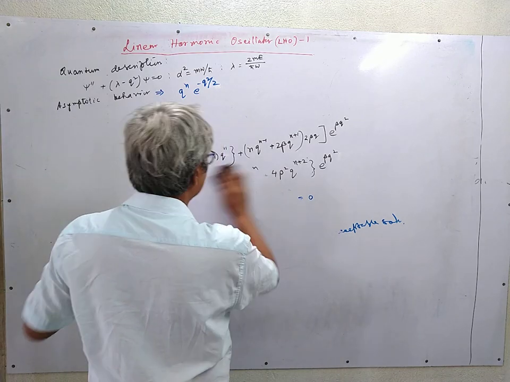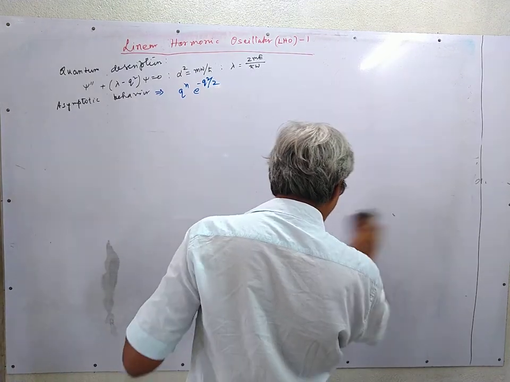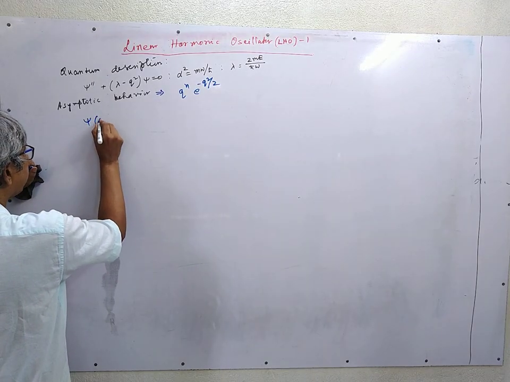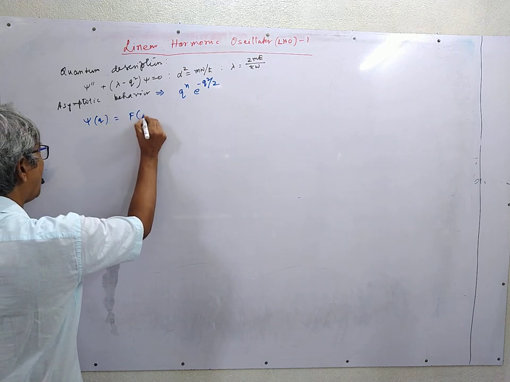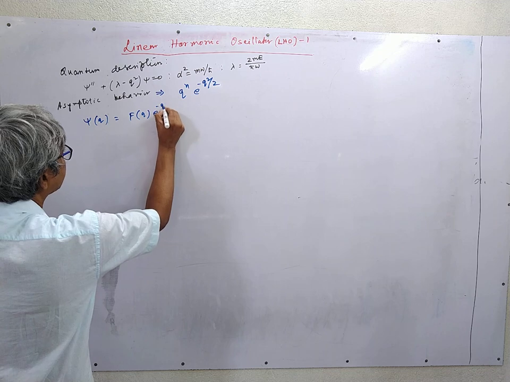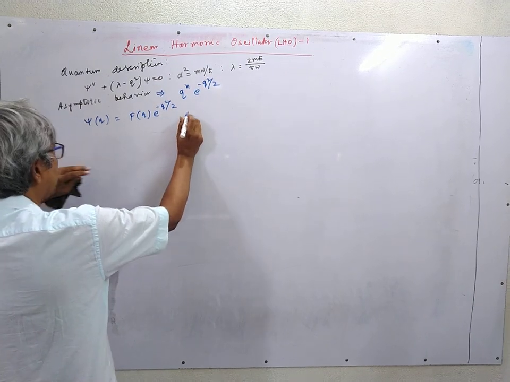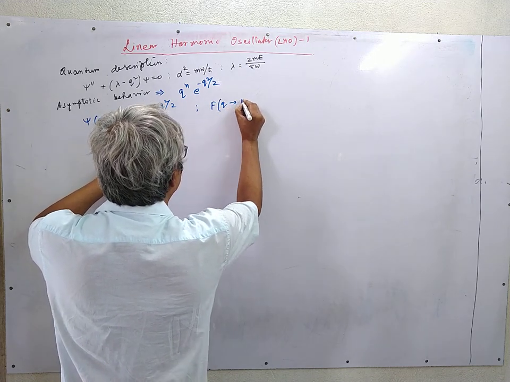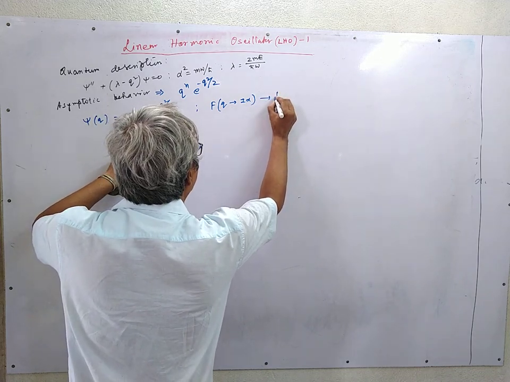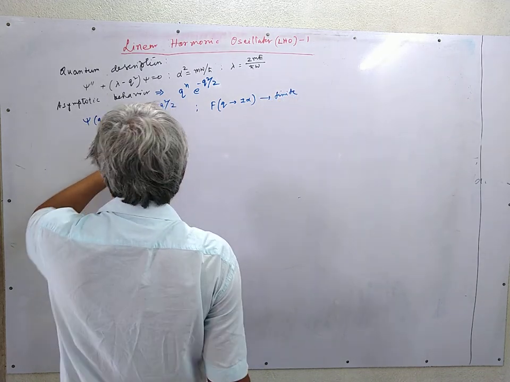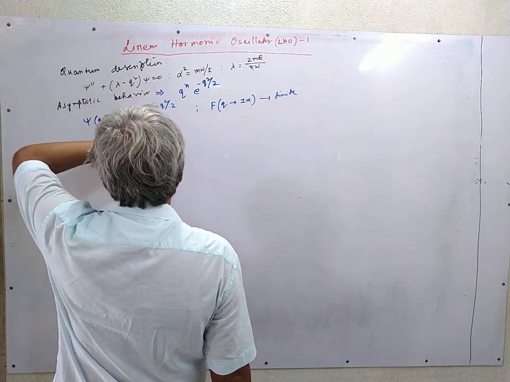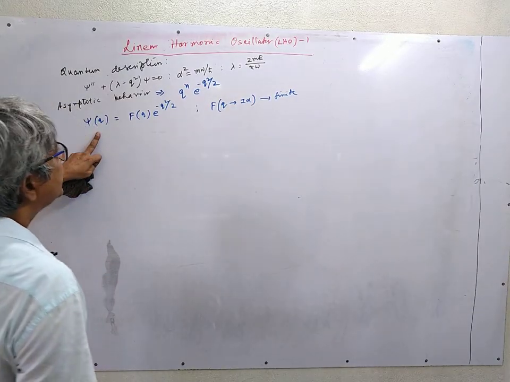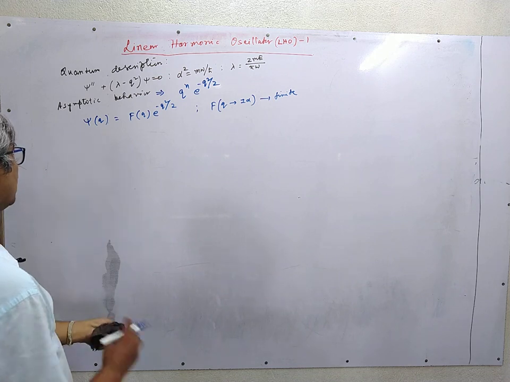So the trial solution for the original equation, which is valid for all values of x, is written like this: psi of q is equal to some function f of q e to the power minus q square by 2, with the requirement that f of q with q tending to plus minus infinity is finite, so that when we multiply this finite quantity in the asymptotic region with the quantity that goes to 0, it is 0, so that the wave function dies exponentially in the asymptotic region.